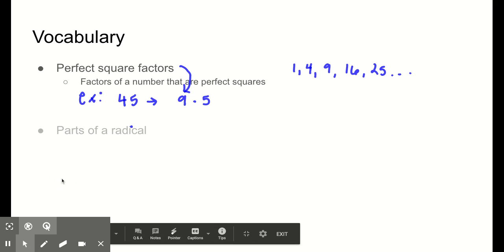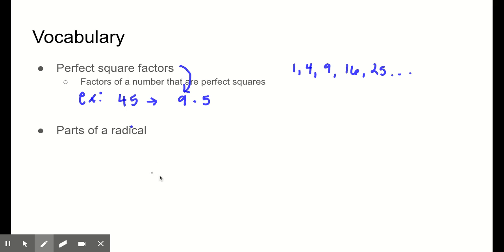The next term is parts of a radical. And so I just want to break it down and look at different parts of a radical before we move forward. If we had a radical, which we usually refer to as a square root, we have the number inside of the radical, which is referred to as the radicand. And we have the root or index of the radical.